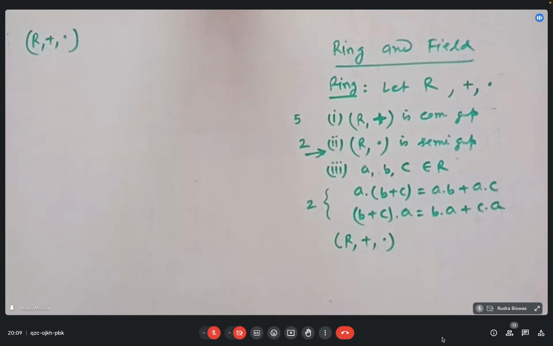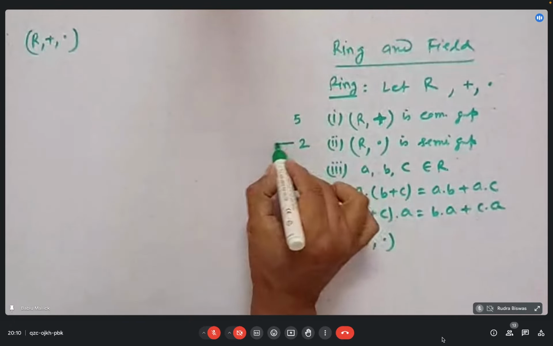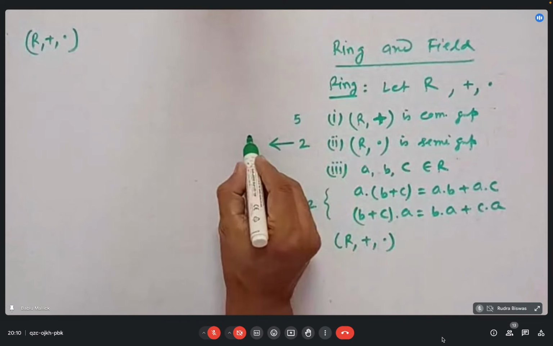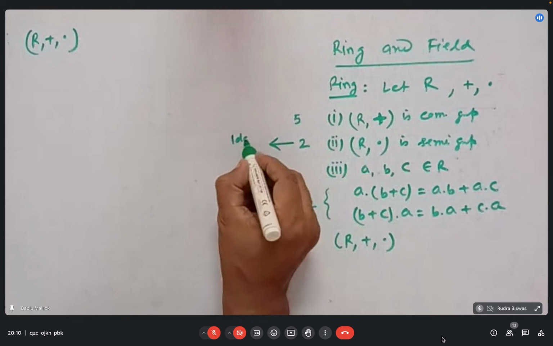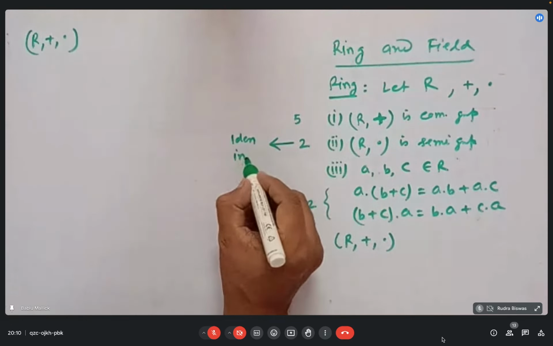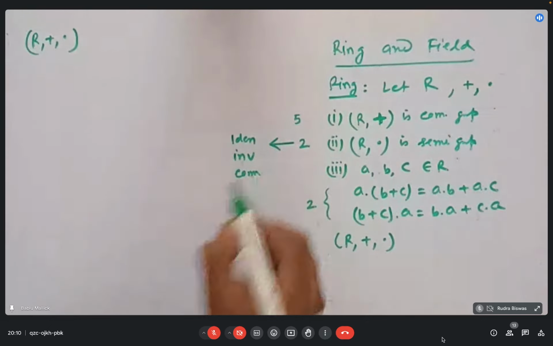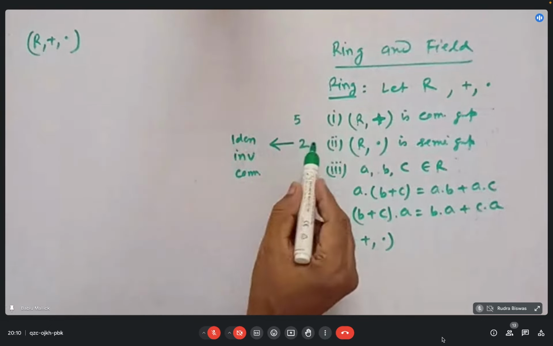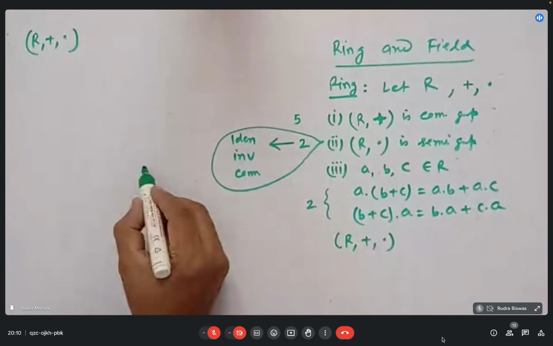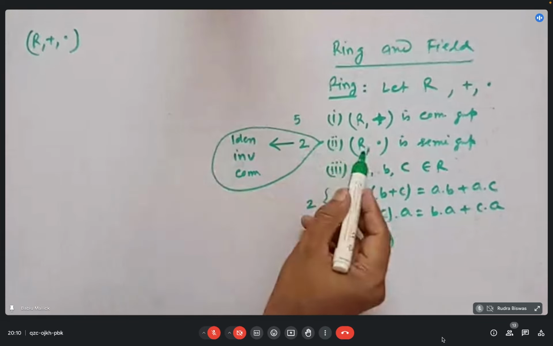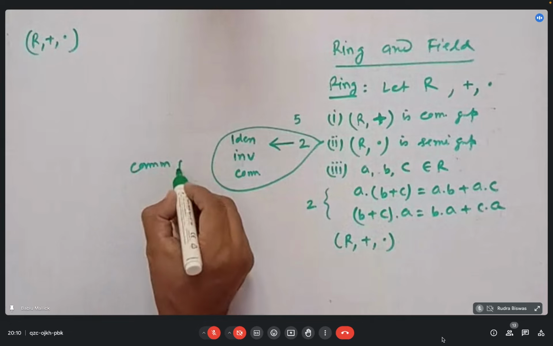Now see, if in this ring an identity element exists, the inverse of every element exists, and it is commutative, then R dot will become a commutative group.